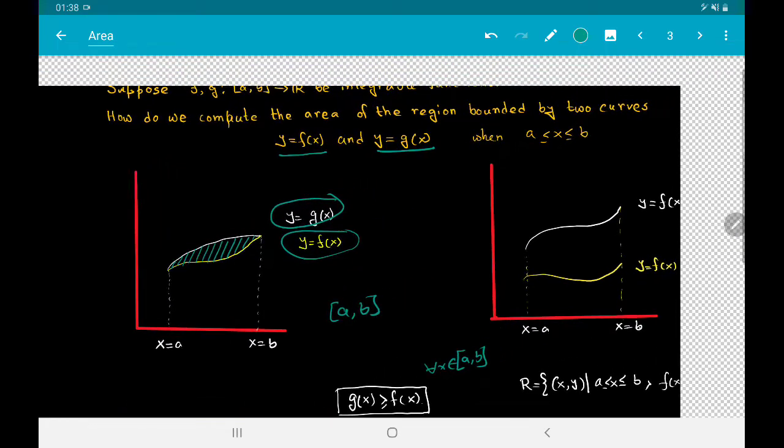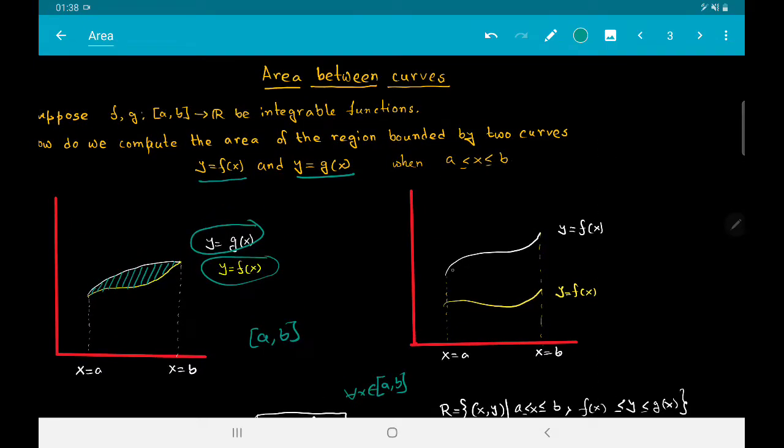Similarly, we can talk about the region between y equal to f(x) and y equal to g(x), and suppose we are interested in determining the area of this region.